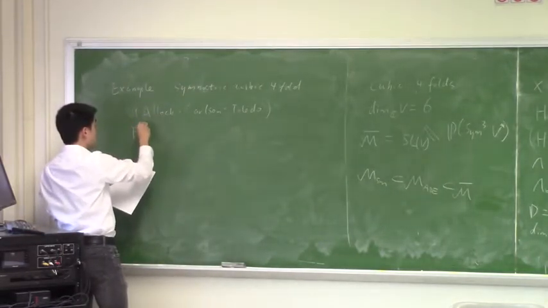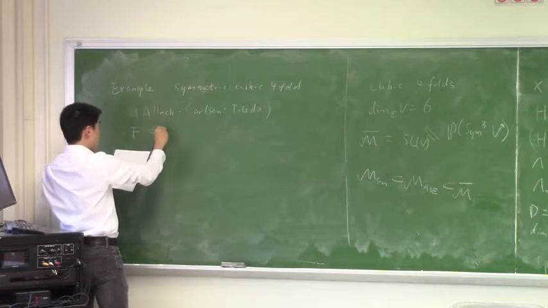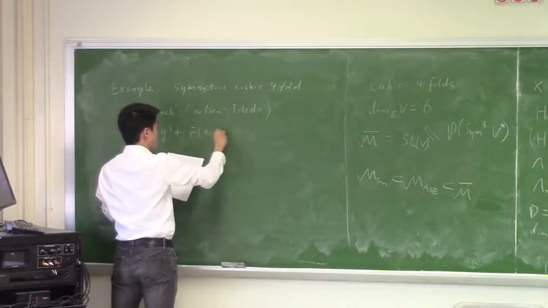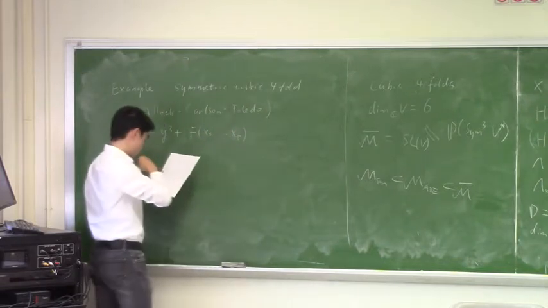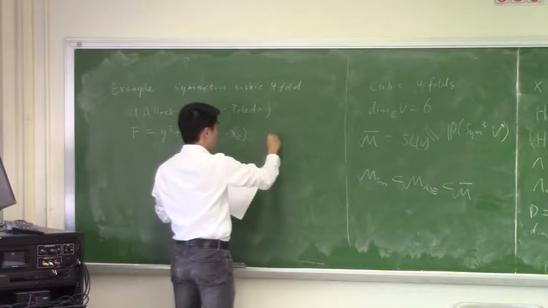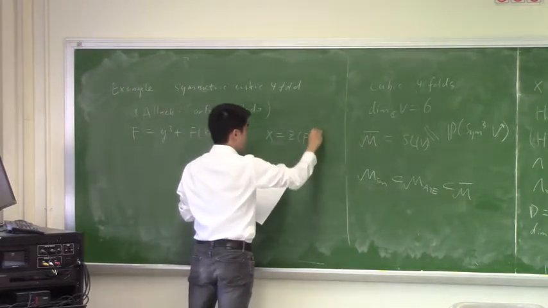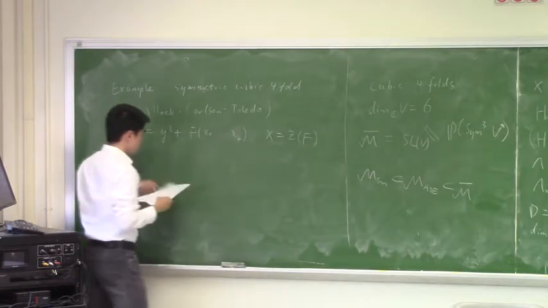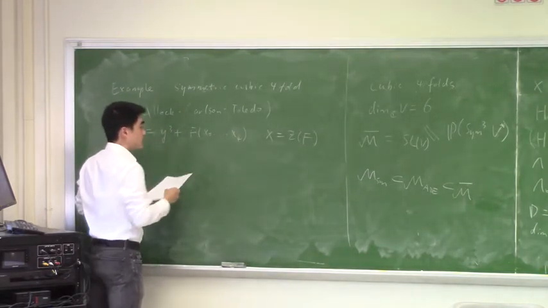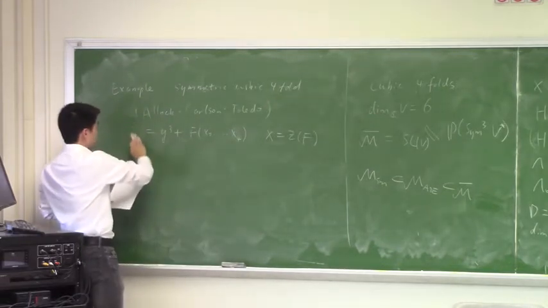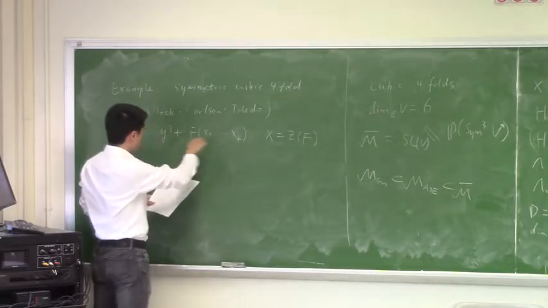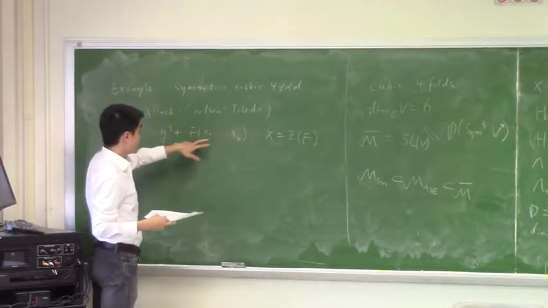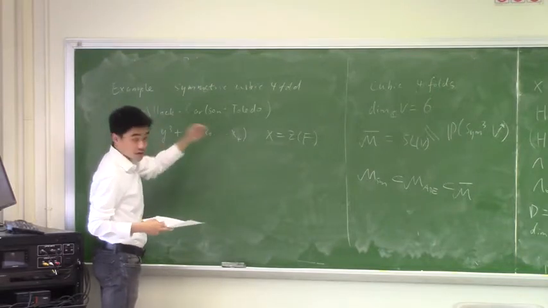They consider cubic threefolds determined by F, and for a cubic threefold, we can associate a cubic fourfold. It's just a cyclic cover of P4 branching along this cubic threefold.